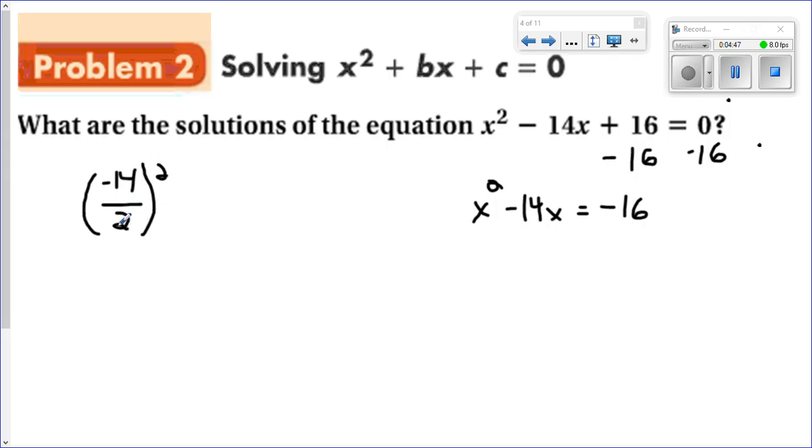Negative 14 divided by 2 is negative 7. Negative 7 squared is 49. So we have to add 49 back into this equation. But if we add it to the left side, we also have to add it to the right side.